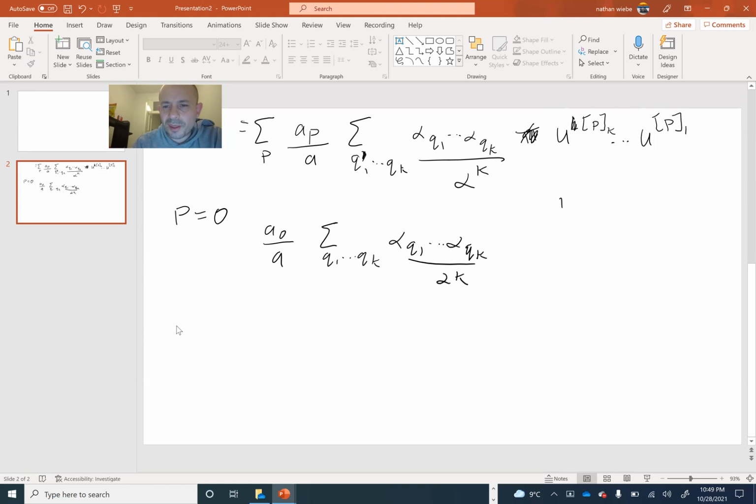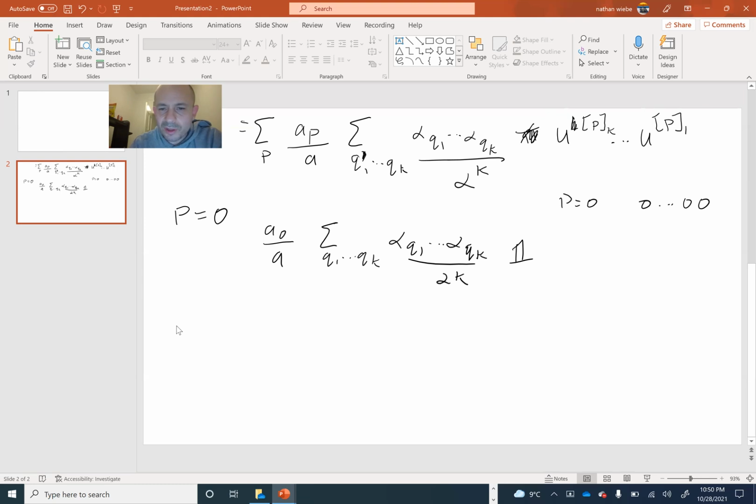However, p equals 0, which in unary is a binary string that's all zeros. Therefore, each of these bit values is 0, meaning the control sequence that causes those unitaries to fire never shows up. So none of those unitaries fire, and all we're left with is the identity operation.